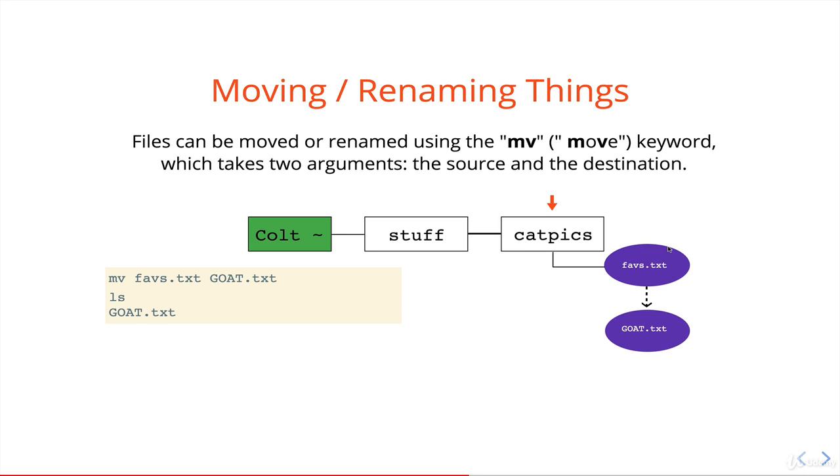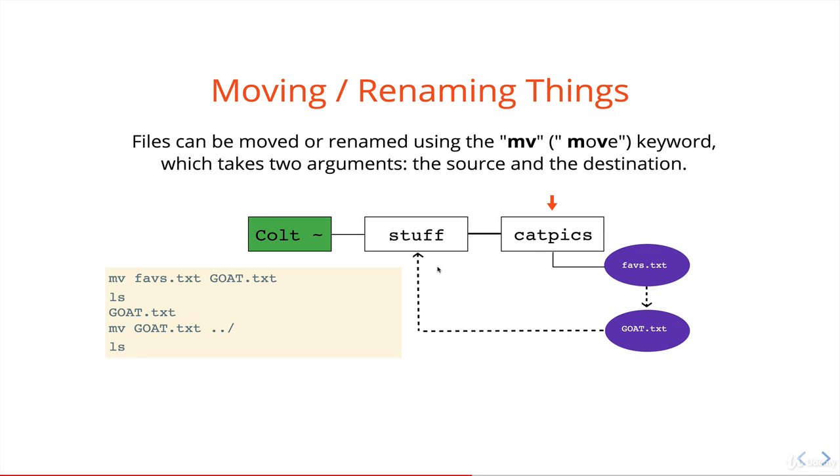Okay, so then the second use case is something like this. mv goat.txt, and then rather than providing a new name, we're providing a different directory. In this case, the parent directory, signified by two dots, as we've seen before with cd .. So this will just move the goat.txt file back into the stuff directory, as this arrow shows.